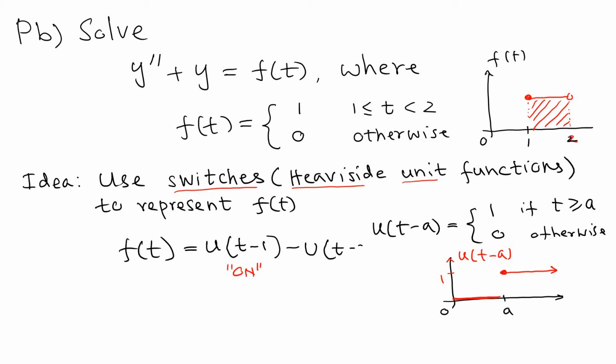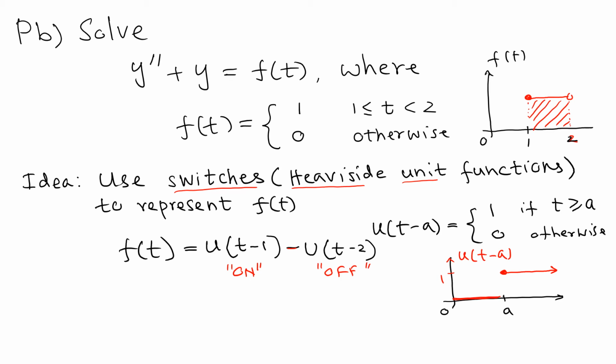So we do that. You can switch on the function at 2, but we subtract that. So when you subtract, you get 0. So that's the off function. So you switch on at 1, off at 2, and this is what you get. And then we can use the Laplace transform of these Heaviside functions to find the Laplace transform of this f(t) function.